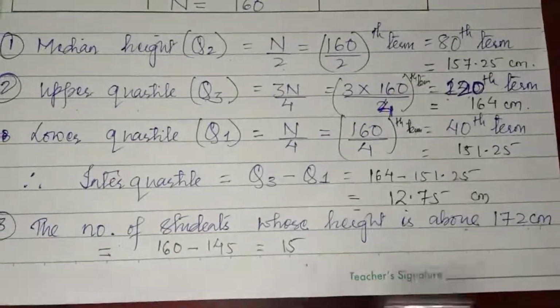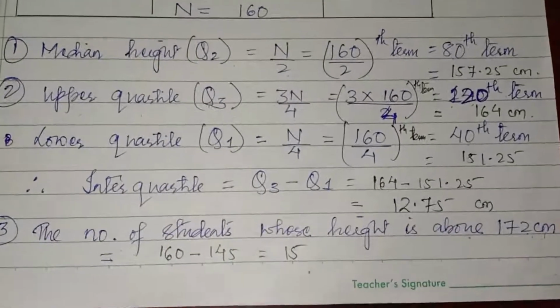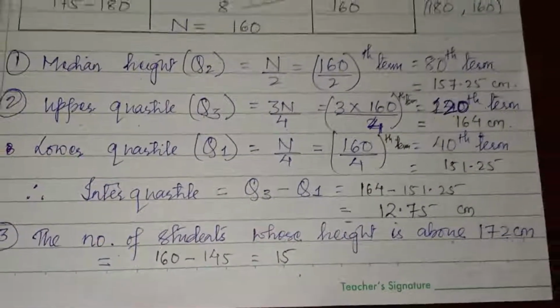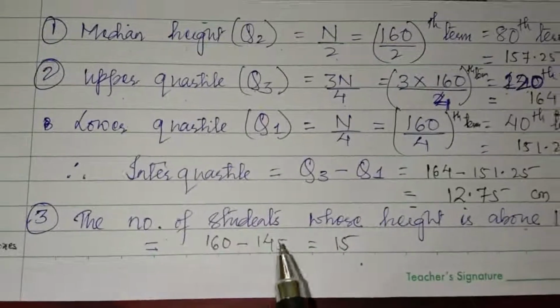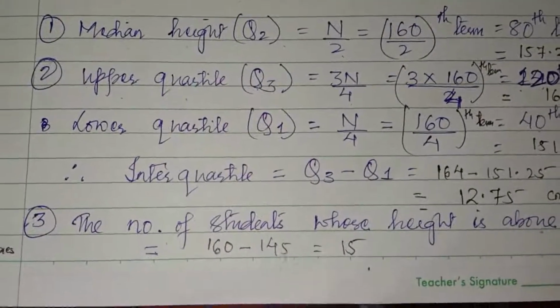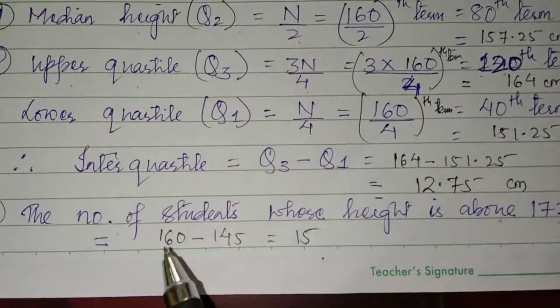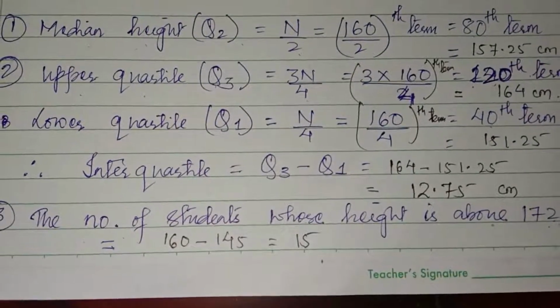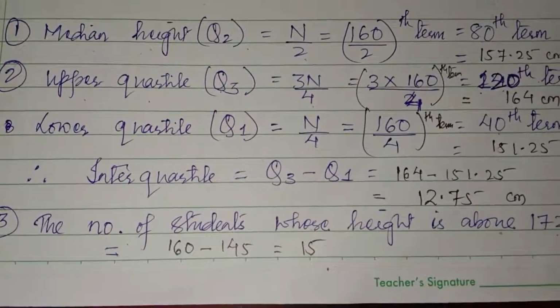So the number of students is 15. Suppose your question is to find the number of students whose height is below 172, then 145 will be your answer. But it is above, so 160 minus 145 because there are a total of 160 students.